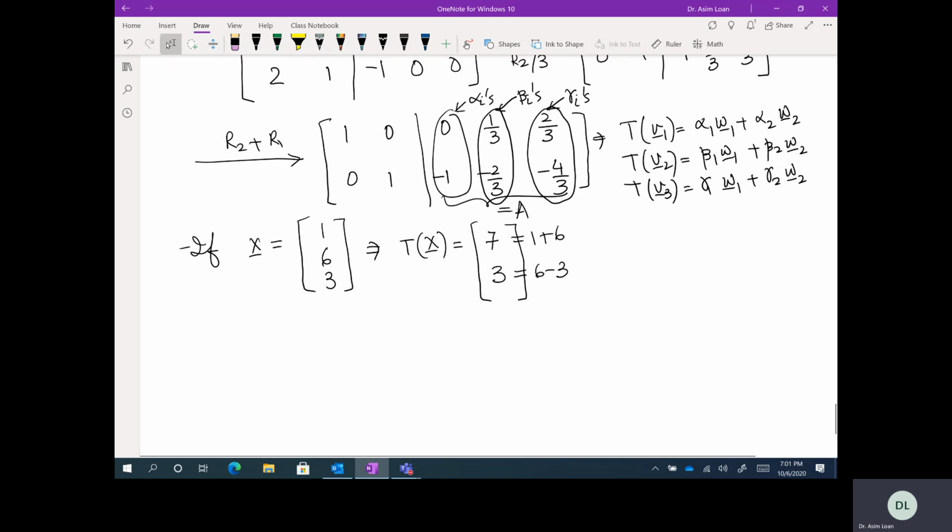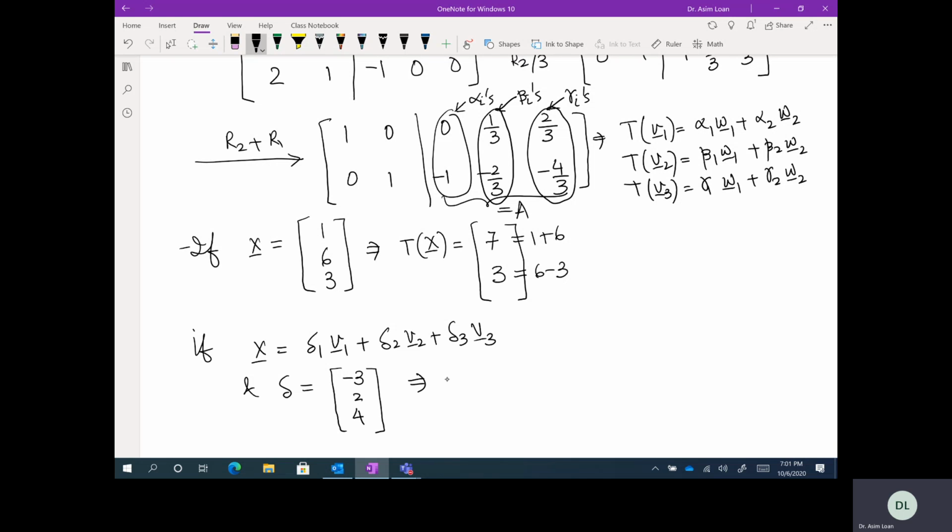Okay, and if x is delta 1 v1 plus delta 2 v2 plus delta 3 v3, and delta is this vector minus 3, 2, 4. So just check.